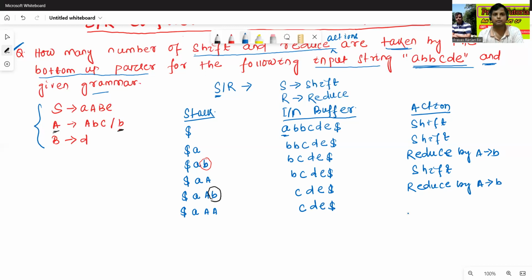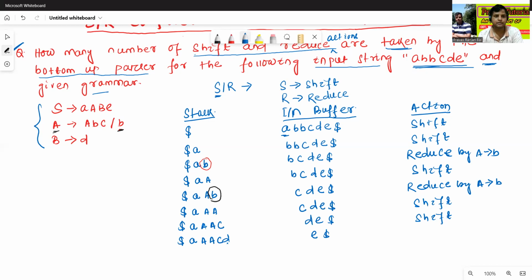Now we'll shift this C. The stack is dollar A, C, and the input is D, E, dollar. Is a handle possible? No. Then we'll shift again. The stack is dollar A, C, D, and the input is E, dollar.